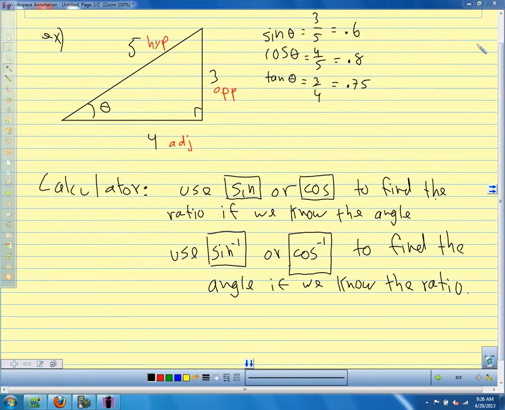Just like we did for inverse tangent. So we'll do the inverse sine, inverse cosine, inverse tangent using these ratios to find our angle.